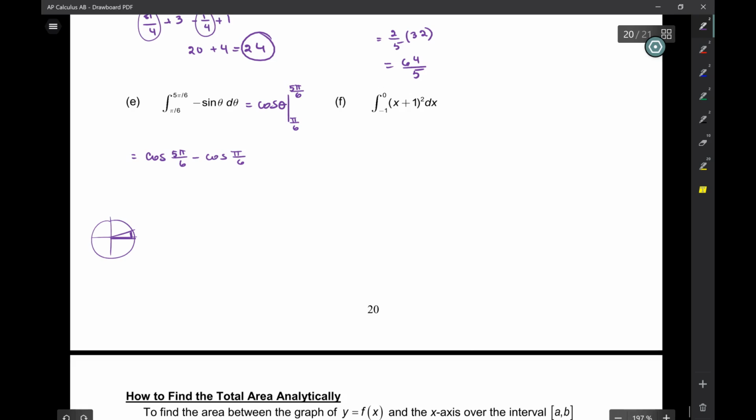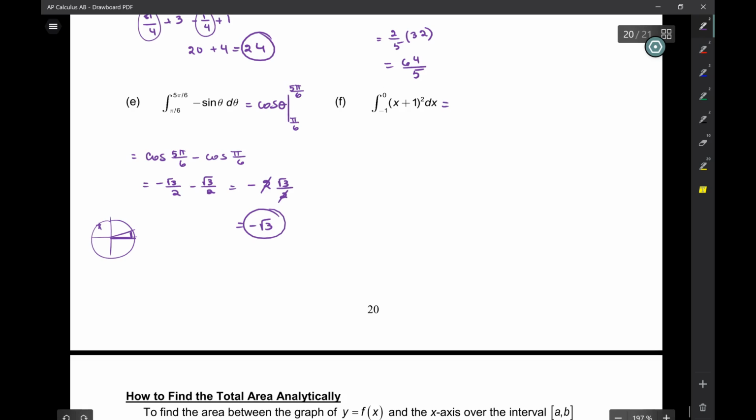Okay, now 5 pi over 6 is in the second quadrant, so it's negative root 3 over 2 minus positive root 3 over 2. That's negative 2 root 3 over 2, which is just negative root 3. Okay? Fantastic.